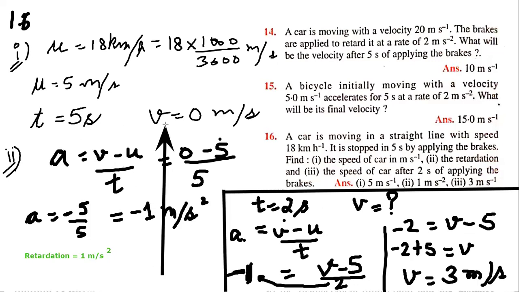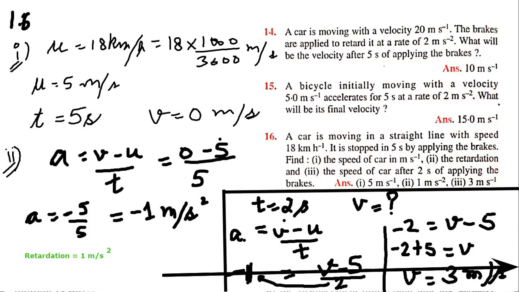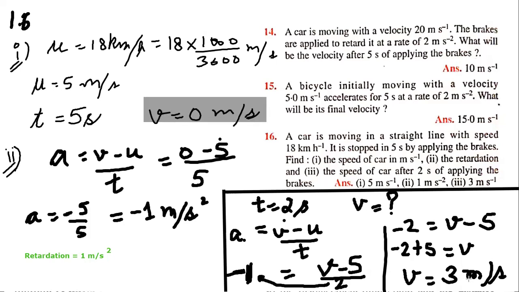After 5 seconds, the car is stopping, but after 2 seconds, its speed has decreased from 5 to 3, and then further, slowly, its speed decreases to 0. So after 5 seconds, velocity is 0, but after 2 seconds, velocity comes out to be 3 meters per second.